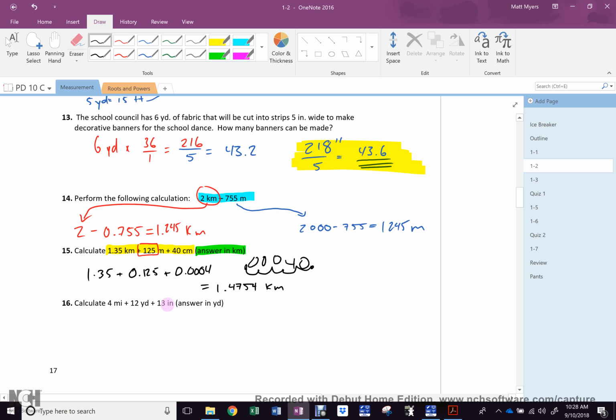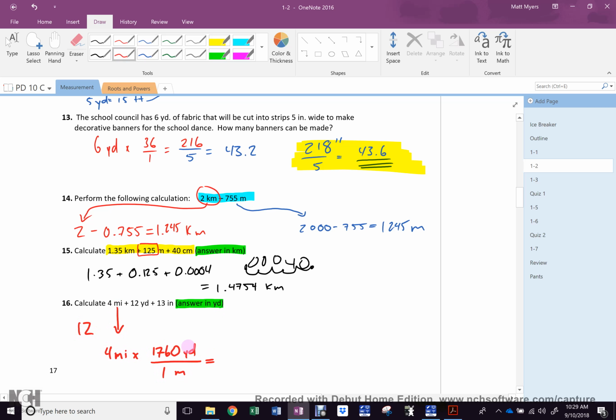Now, which one do I not care about in 16? I want to answer in yards, so which one do I not care about? I don't care about the yards. I know I'm starting with 12. How do I convert miles to yards? 4 miles times, what's my fraction? 1,760 yards, what I want, over what I have, 1 mile.